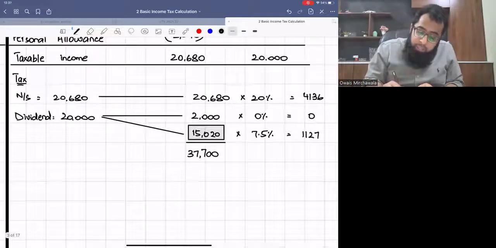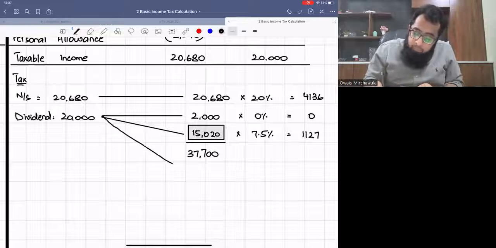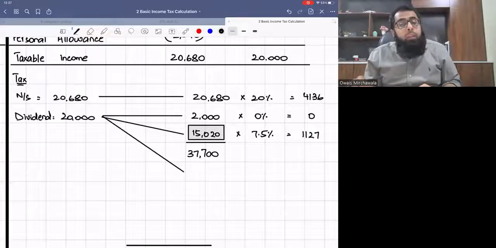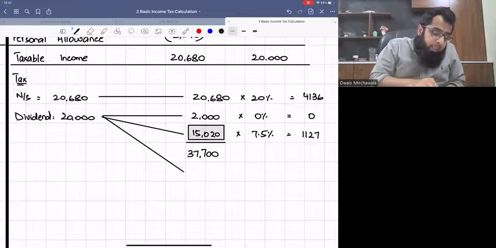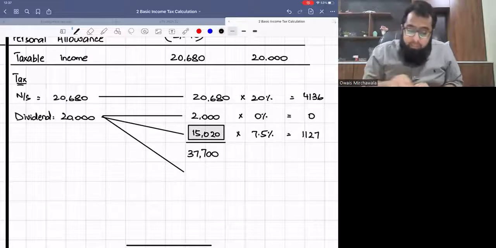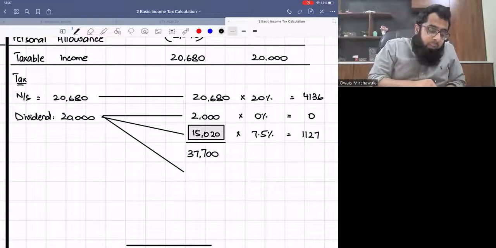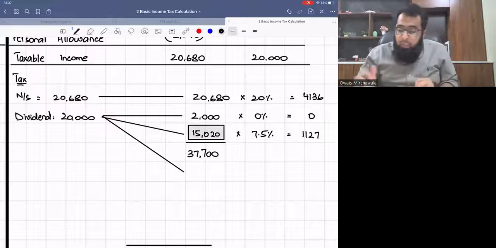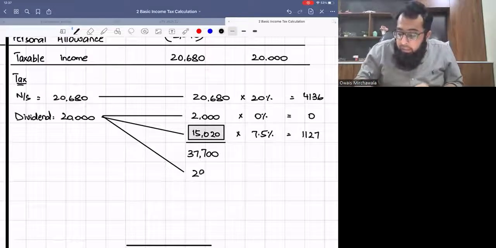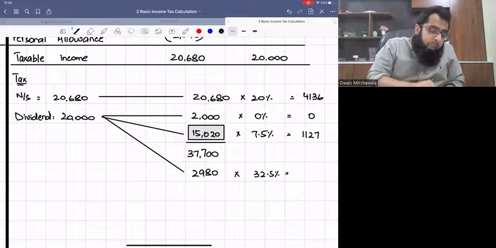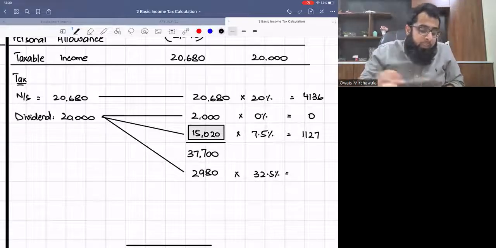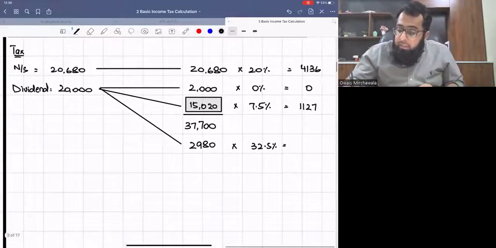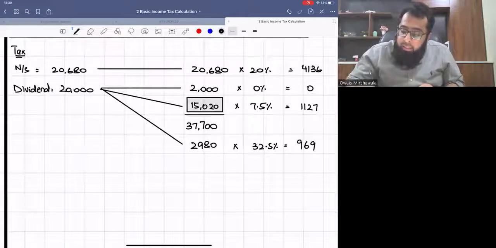And then finally, how much dividend is remaining? 20,000, 2,000 taxed at 0%, 15020 goes in the basic rate band. The remaining 2980 goes in higher rate band at 32.5%, which means 969.